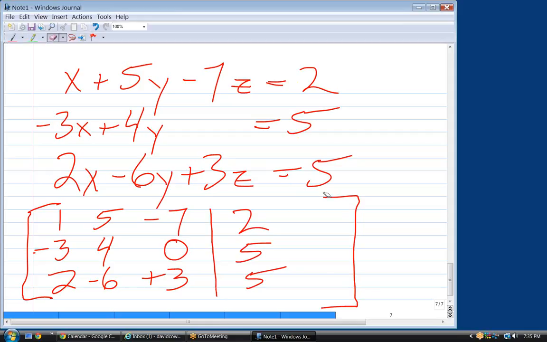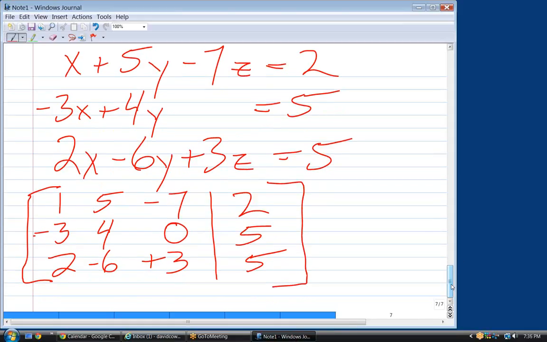Is that what you did on your calculator? Yeah. This is called an augmented matrix. It's not a typical looking matrix. Most students don't have this solid line. But this is the coefficient matrix here, and this is the answer, the constant matrix over there.